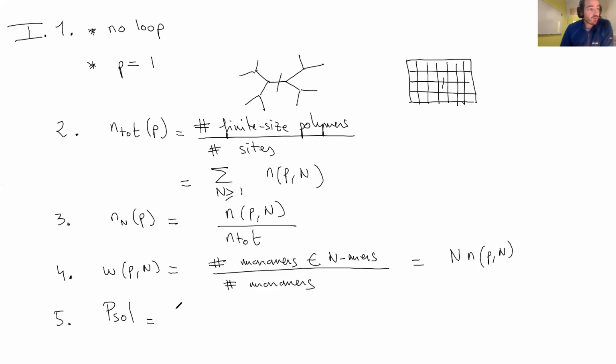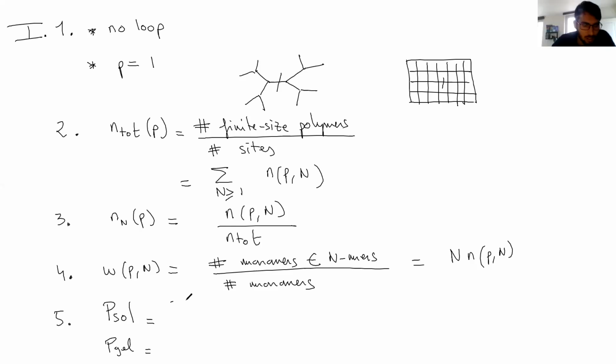Actually, that's good. You're talking about the gel fraction, the ones belonging to the infinite cluster. I'm interested first in the sol fraction, which are all the monomers that are not belonging to the infinite molecule, so that are belonging to finite size molecules only. So it's the reverse, okay? But I think we are on the same page.